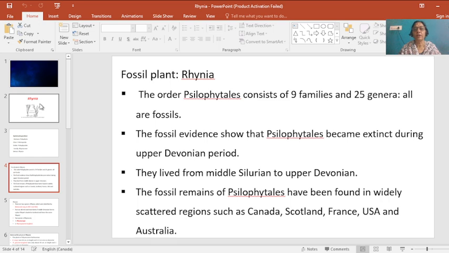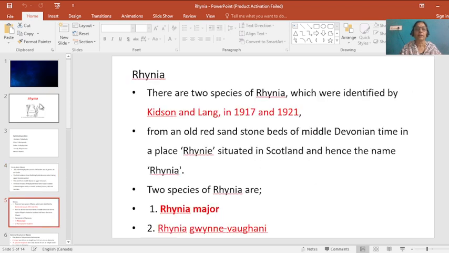They became extinct during the Upper Devonian period, and they lived from the Middle Silurian to the Upper Devonian. Xylophytes have been found widely scattered in regions such as Canada, Scotland, France, USA, and Australia.